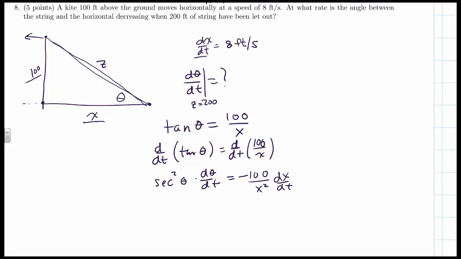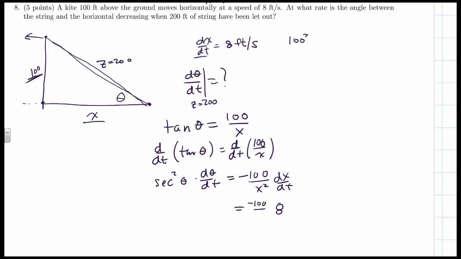Now what do I know? Well, I know dx/dt, dx/dt is 8. Do I know x? Well, I know 100. I know that this is z, and at that instant, it's 200.